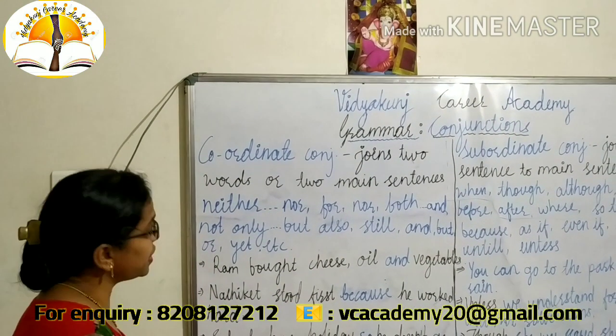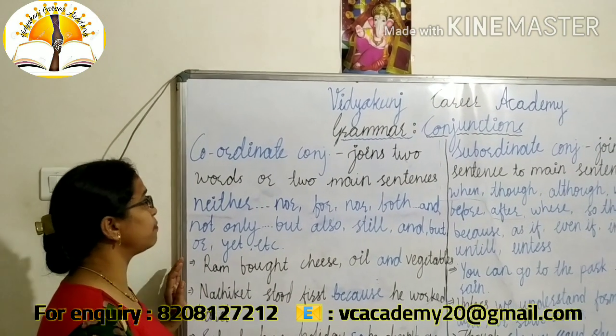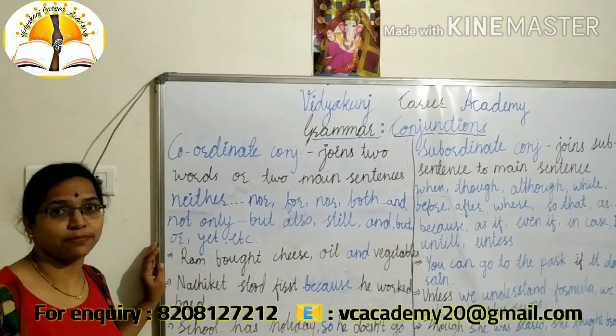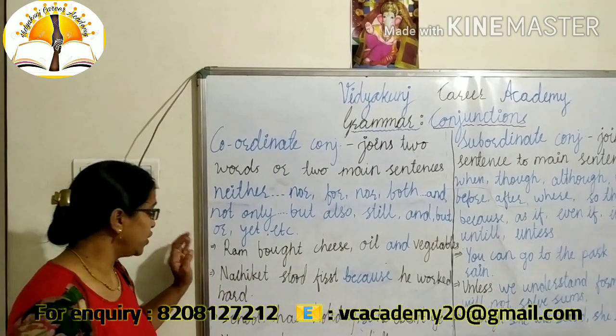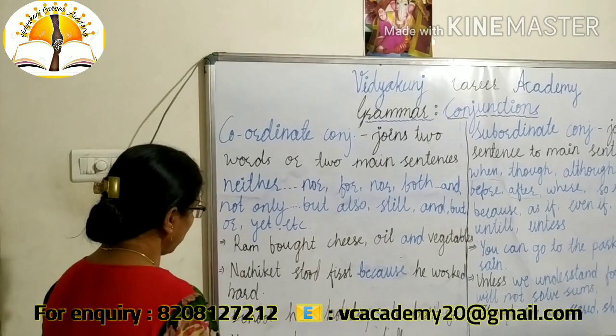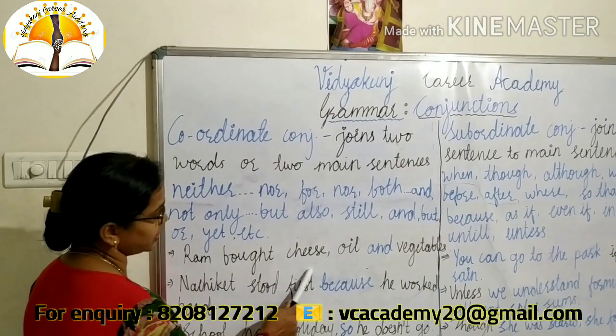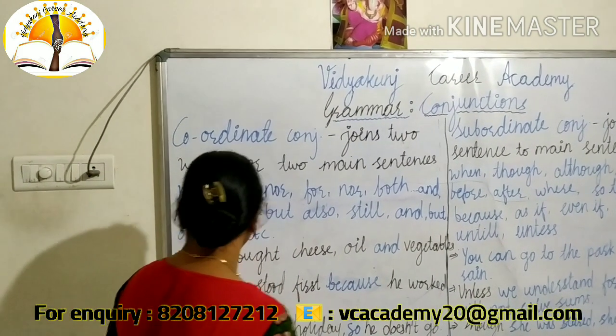Now, I have written here some sentences as examples of coordinate conjunctions. Now, I will explain. Look here. Ram bought cheese, oil and vegetables.